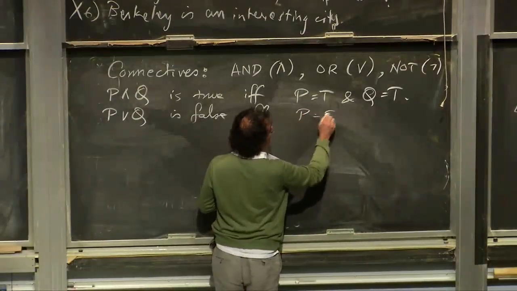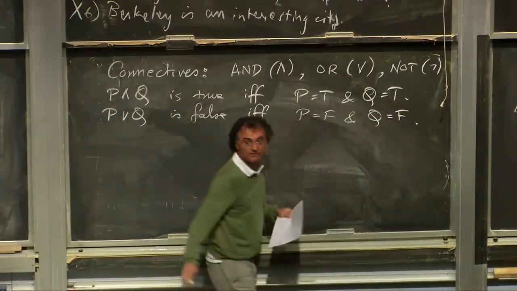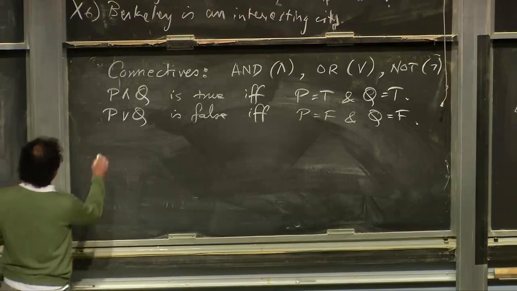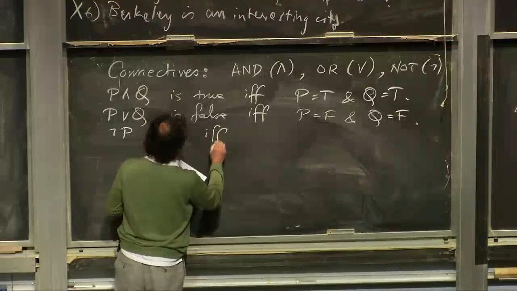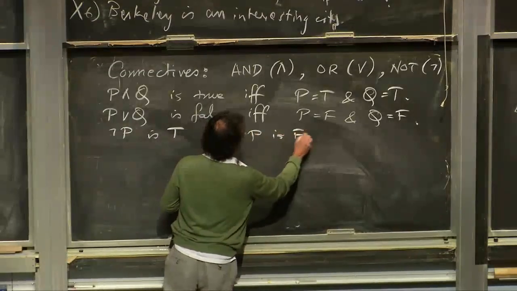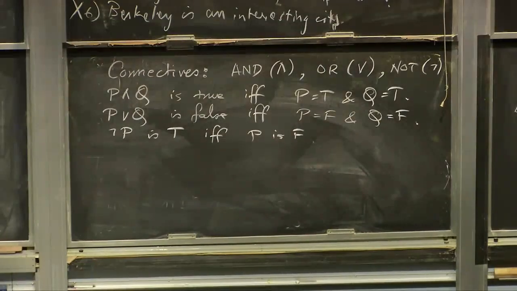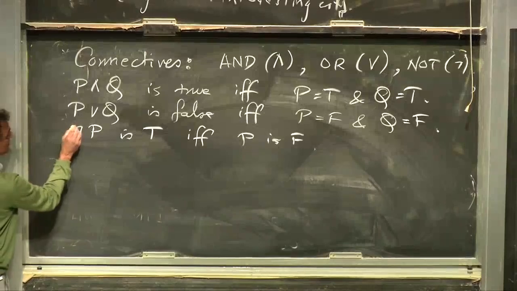P is false and Q is false. Right? In all the other three cases, it's true. Not P is true if and only if P is false. It's just like that.